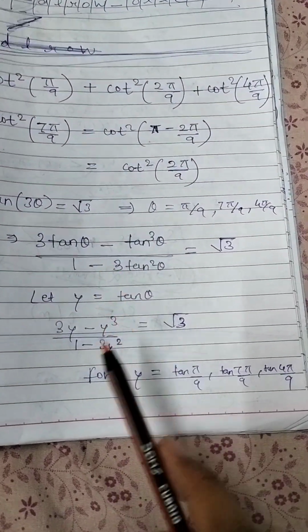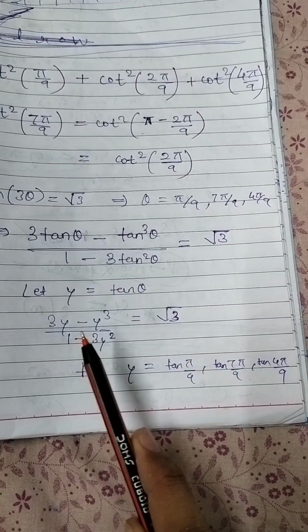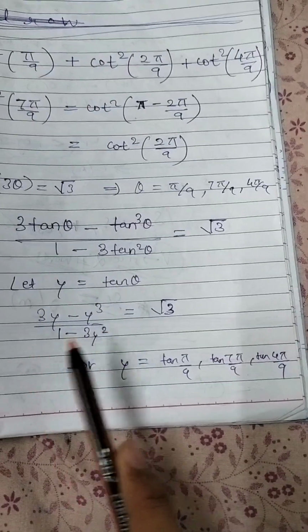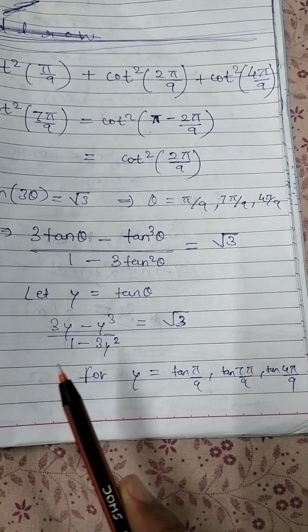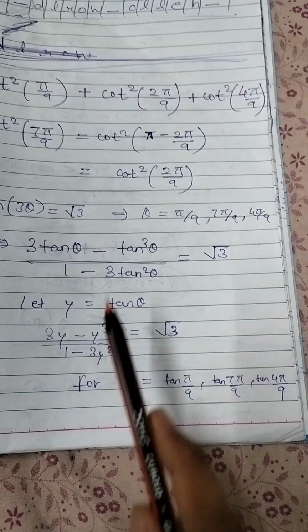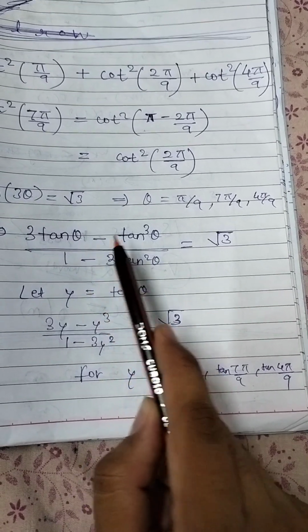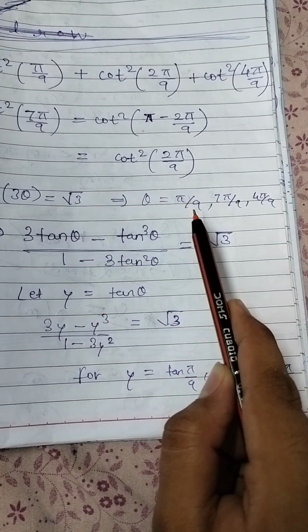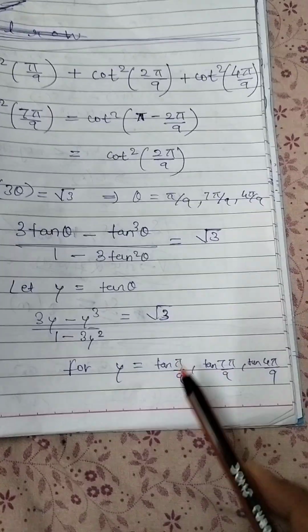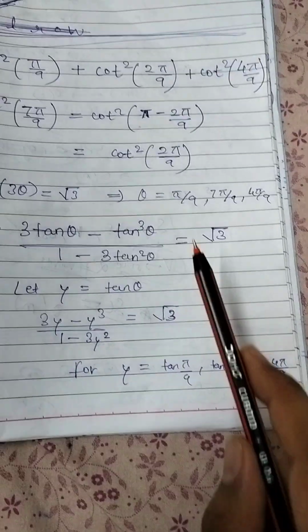Next step, assume tan theta to be y. So very easy, just rewrite the equation by substituting tan theta as y. So y equal to tan theta. We get this equation. Now, what is the solution of this equation? The solution for this equation, this tan theta, was theta equal to pi by 9, 7 pi by 9, 4 pi by 9. So the equation is same, we have not made any changes in it.